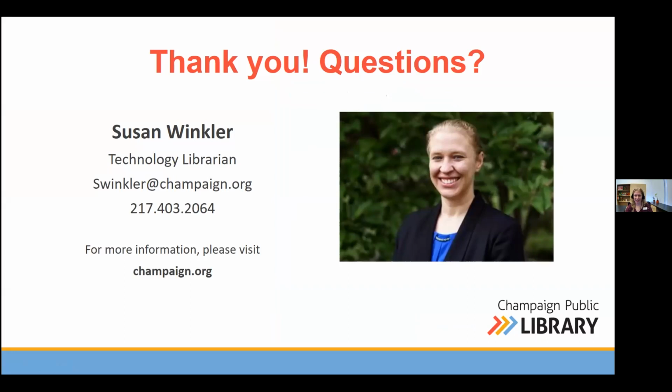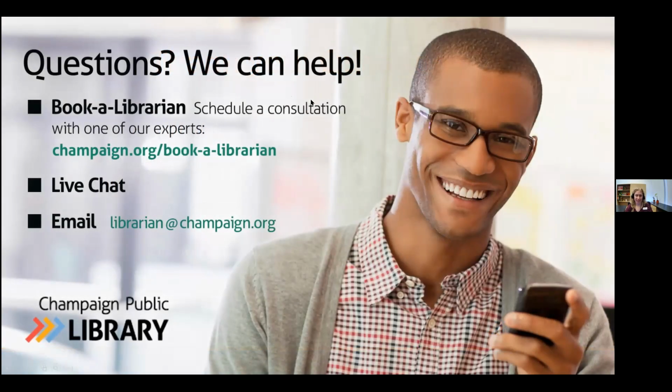That's why we're here. You can also do Book a Librarian, which will give you a half hour to an hour with a library staff member to go over a technology topic or other topics you might have, like learning about the research tools that we have. And you can also reach out via live chat when it's staffed, which is whenever the library is open. And then you can also reach out at librarian@champaign.org, which is our email address.